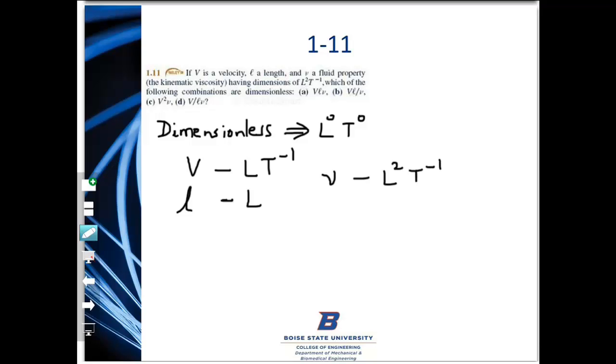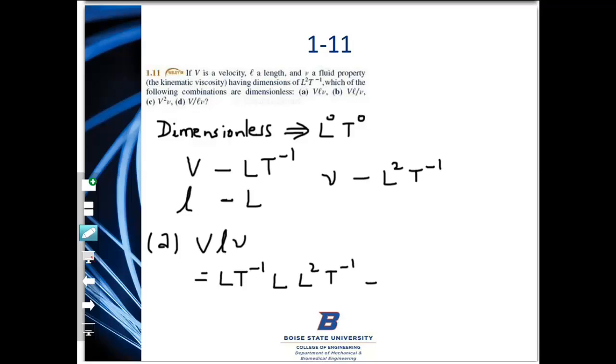So let's look at part A. We are asked to check if the combination V times L times nu is dimensionless. The way we do it is, we already know what the dimensions of each quantity are, so we just substitute them. L t to the negative 1 for the velocity, L for the length, and L squared t to the negative 1 for the kinematic viscosity.